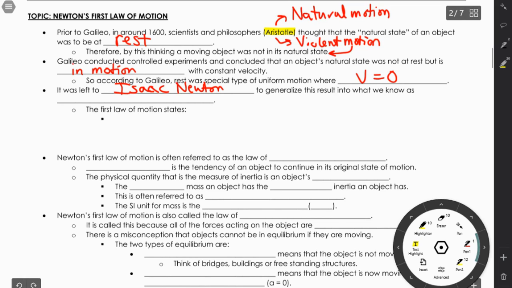Isaac Newton generalized the results into what we now know as Newton's first law of motion. He wrote these laws down in his monumental book called Principia. It has a much longer title, something about the mathematical principles of natural science, but we just call it Principia.